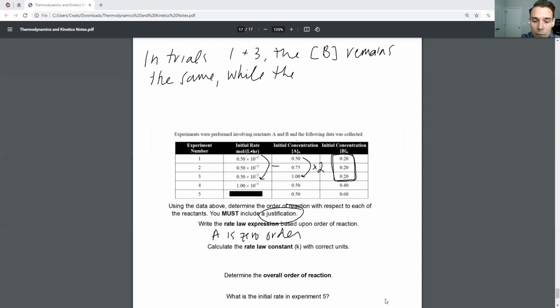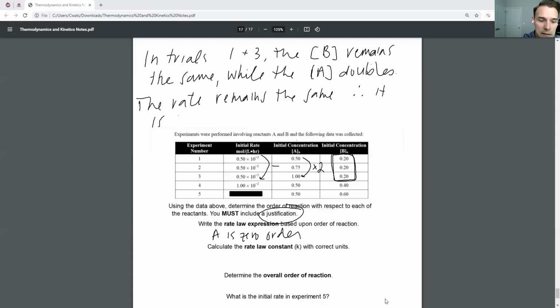While the concentration of A doubles, the rate remains the same. Therefore, it is 0 order with respect to A. And that is my explanation to determine that A is 0 order.